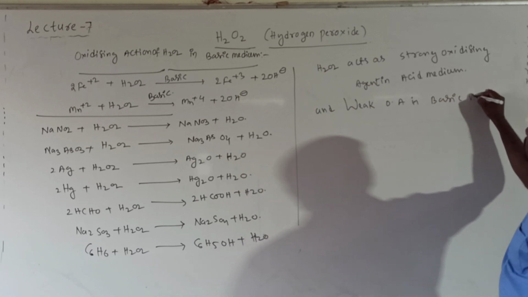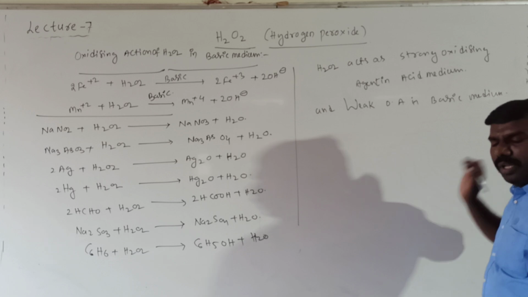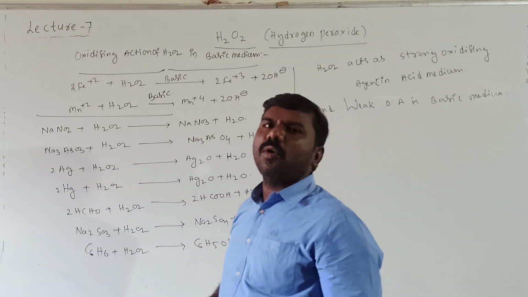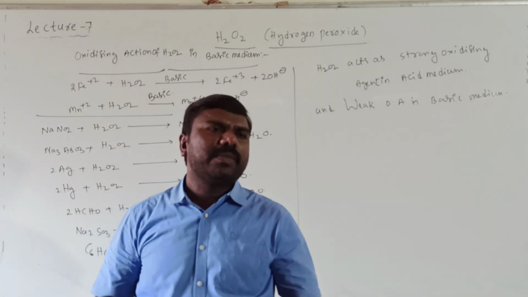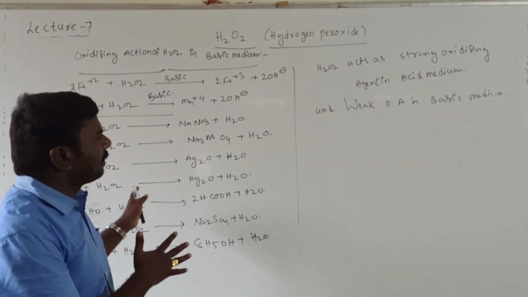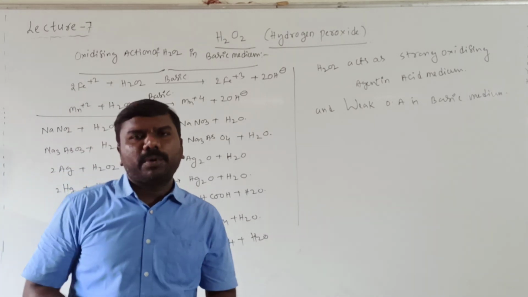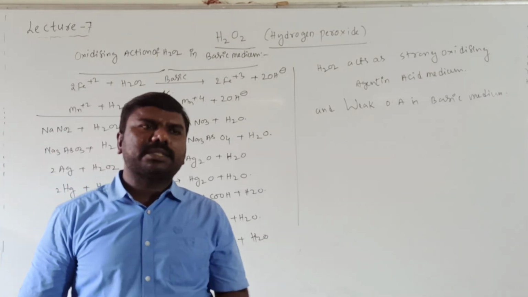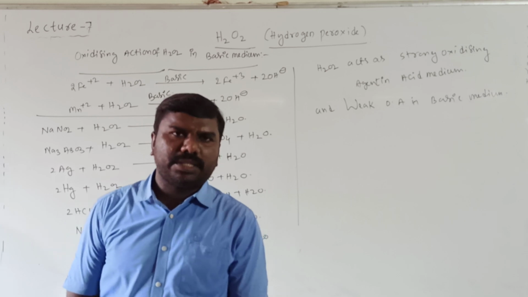Remember all of you, H2O2 acts as a strong oxidizing agent in acidic medium, but a mild or weak oxidizing agent in basic medium. These are all the properties of hydrogen peroxide as oxidizing agent.